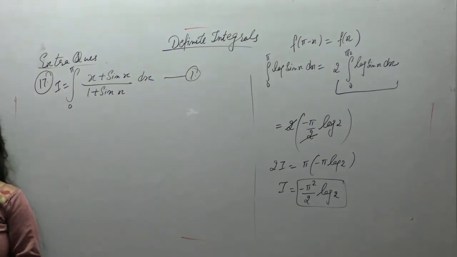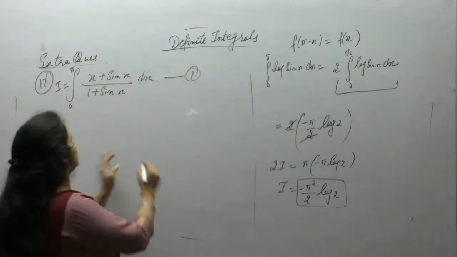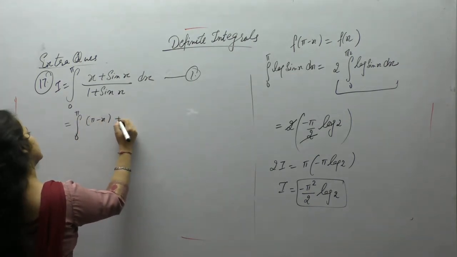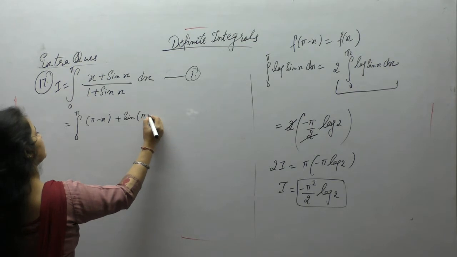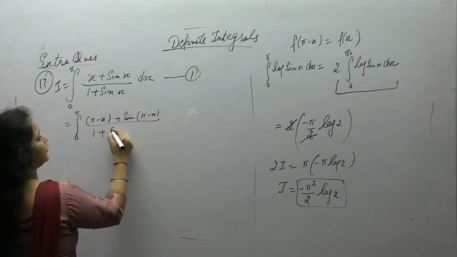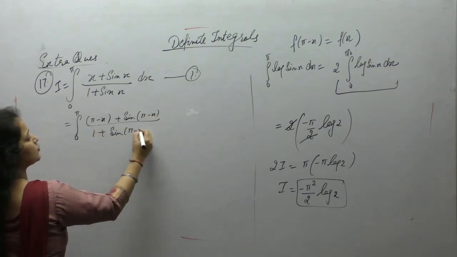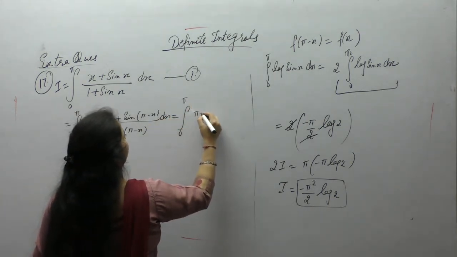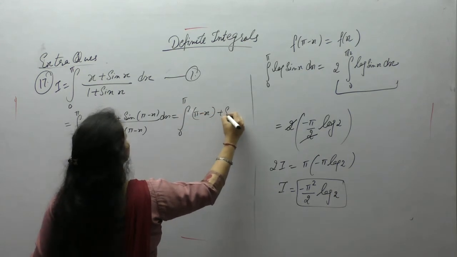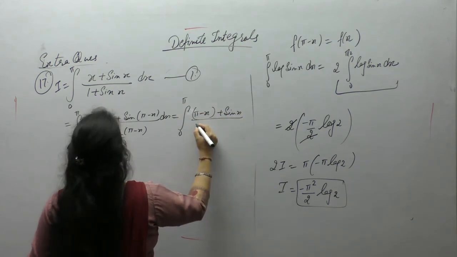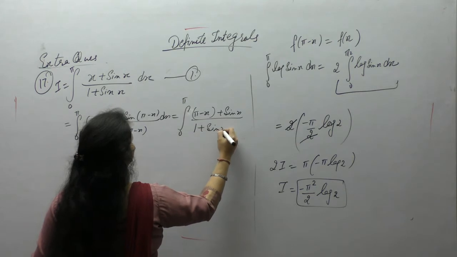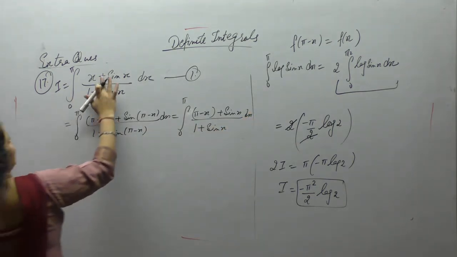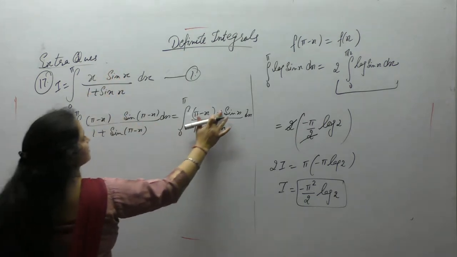Integral of 0 to a f of x dx is equal to 0 to a f of a minus x. And we know sin pi minus x is equal to sin x. So 0 to pi, pi minus x plus sin x, 1 plus sin x dx. Pi minus x into sin x is here, not plus.